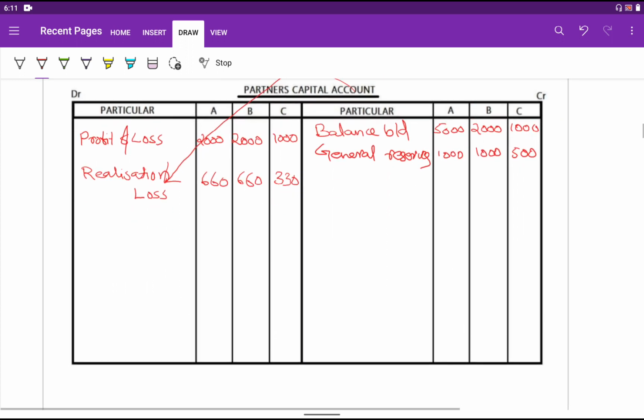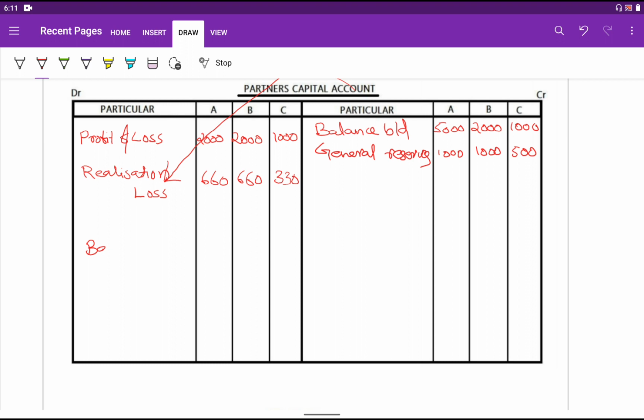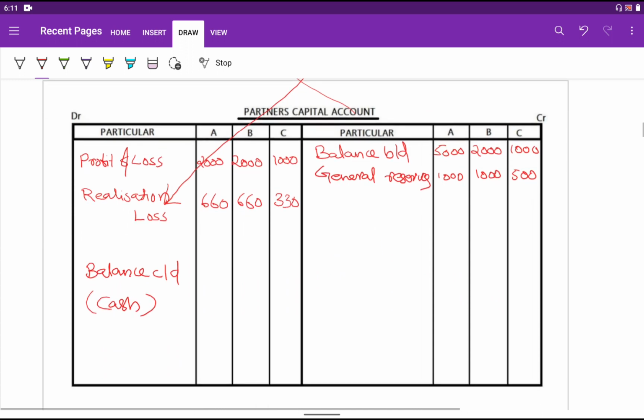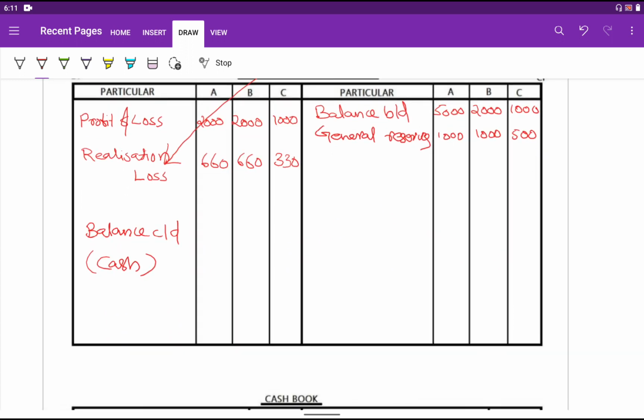Now we can balance. Balance carried on, that will be in cash. Whatever balance we are getting, that much amount we want to give to partners. Whatever balance is there in the business after all the adjustments, that means after the realization and after all the accumulated profit and loss adjustment, that should be given to the partners through the cash account.